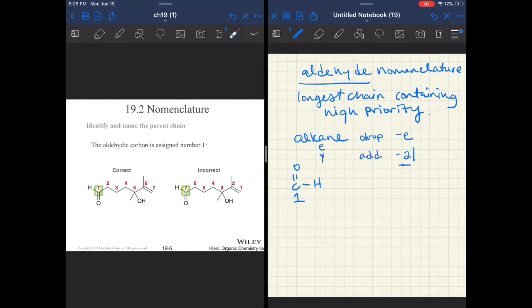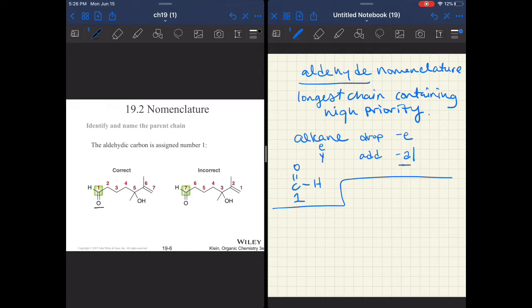Now let's go ahead and just practice on this one and give it a full name. So you can see the correct numbering here. You can draw that into your notes. Actually, let's name it right on the slide so it's not confusing. Here we go. You're numbering to give the lowest numbering to that high priority functional group, so to the aldehyde, and then everything else follows.